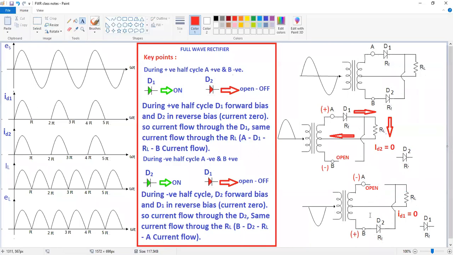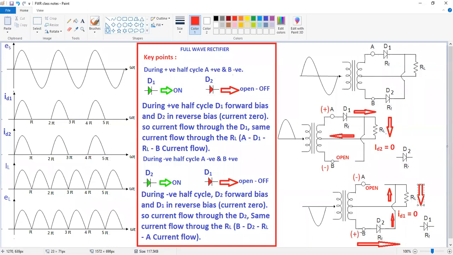Okay. Now, what is the current direction here? From positive to diode D2 like this, and after that the current moves in the upward direction, and then to the load resistance like this.